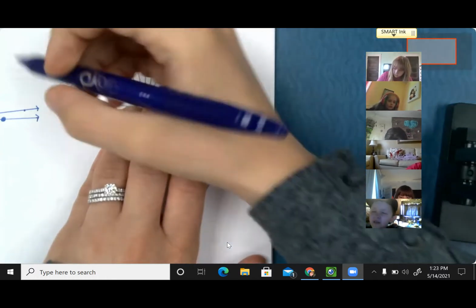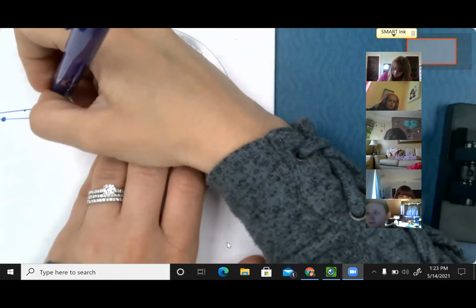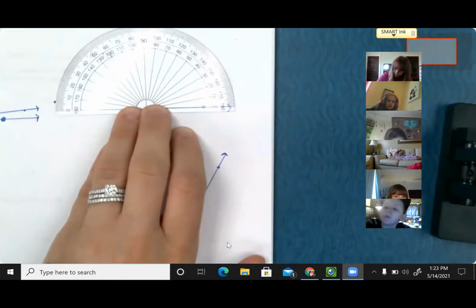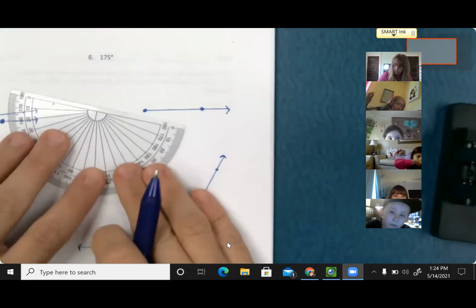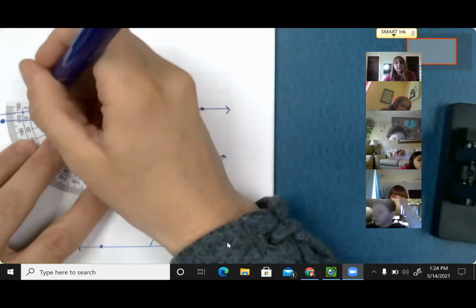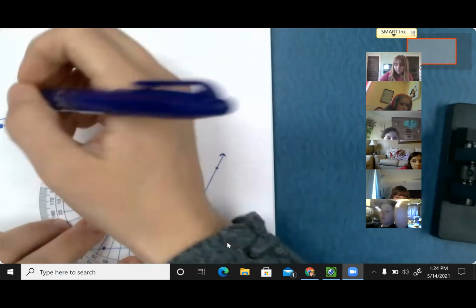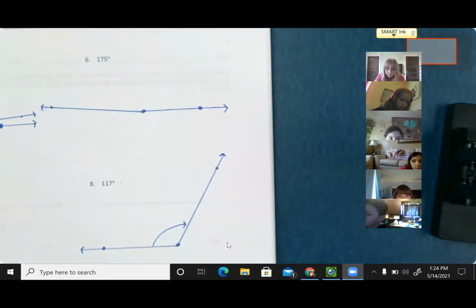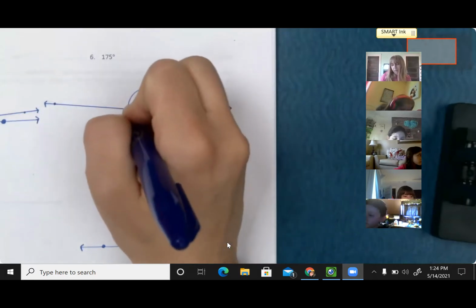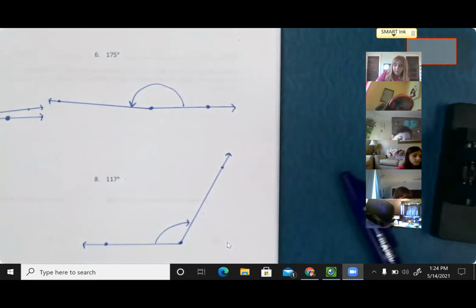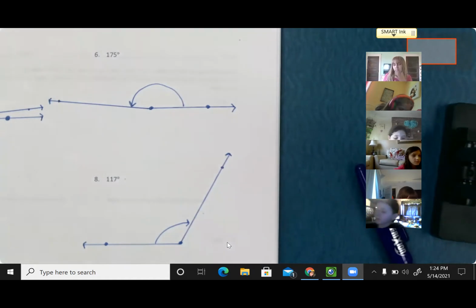So I'm going to go right in the middle, right there. And then I'm going to take this away. Wow, look at that. Almost straight. So I'm measuring from here to there. Wow. It's a big one.